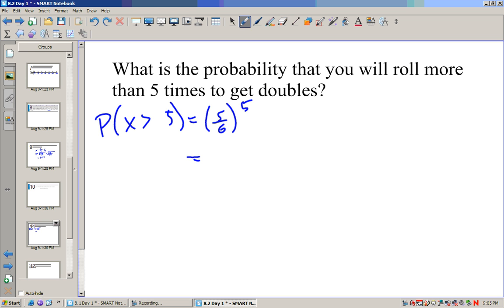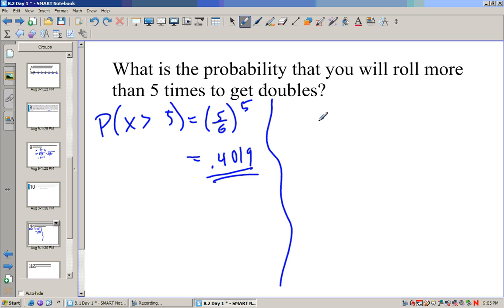So the probability it takes more than 5 rolls is going to be 0.4019. And that's a nice, quick, easy way to get our answer.